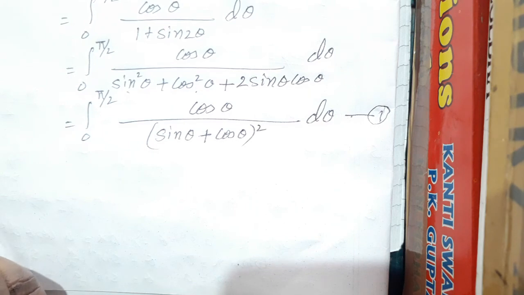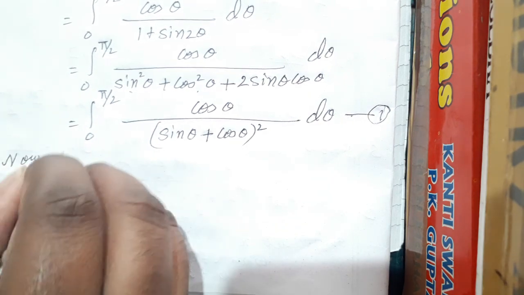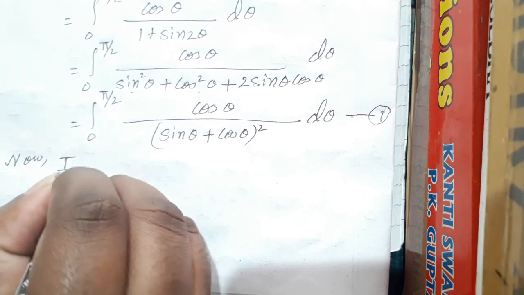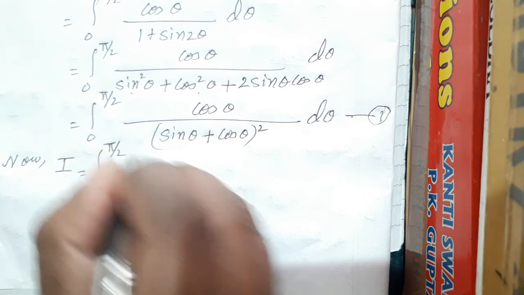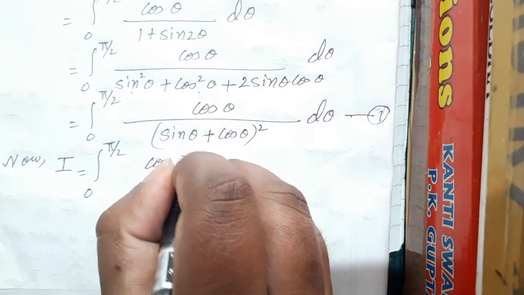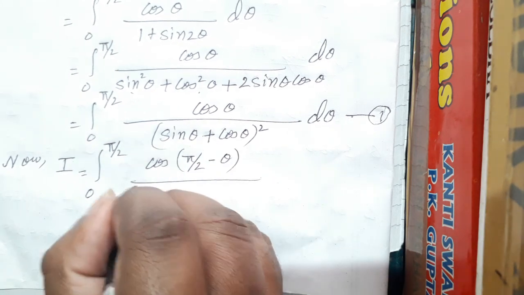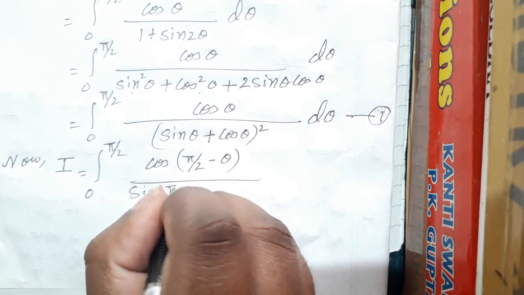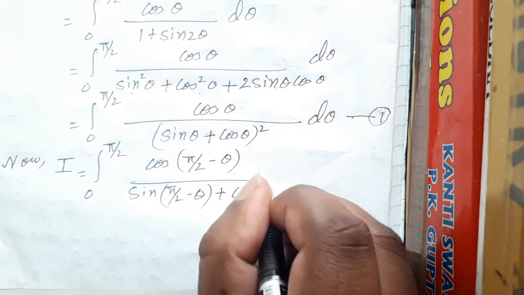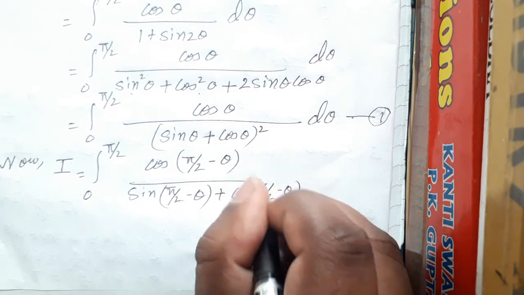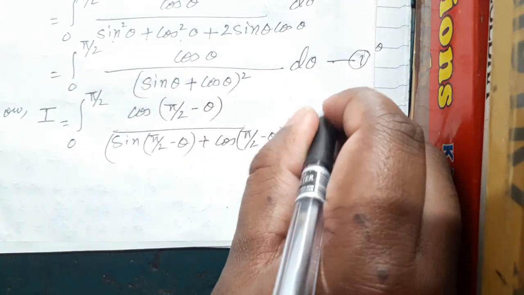Now we'll try to apply the properties of definite integral. If we use the property of definite integral here, we get I equal to 0 to pi by 2, cos pi by 2 minus theta divided by sine pi by 2 minus theta plus cos pi by 2 minus theta whole thing square d theta.